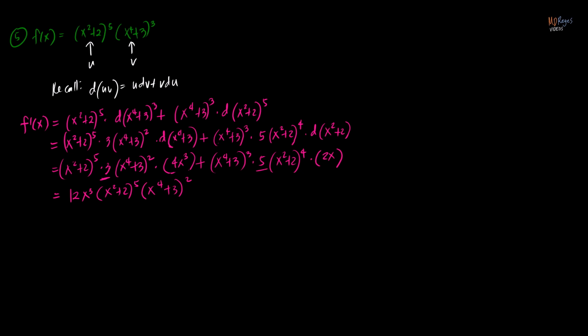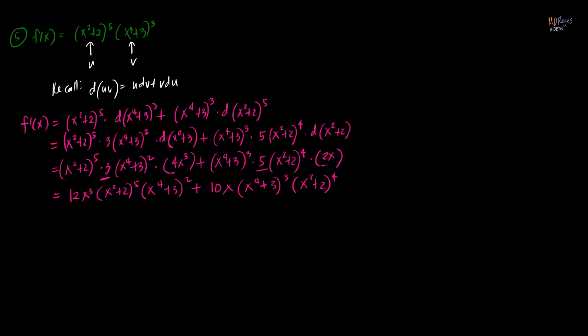In the second term, we have 5 and 2 as constants, plus 10x. And then copying every factor, x to the fourth plus 3 cubed, x squared plus 2 to the fourth.